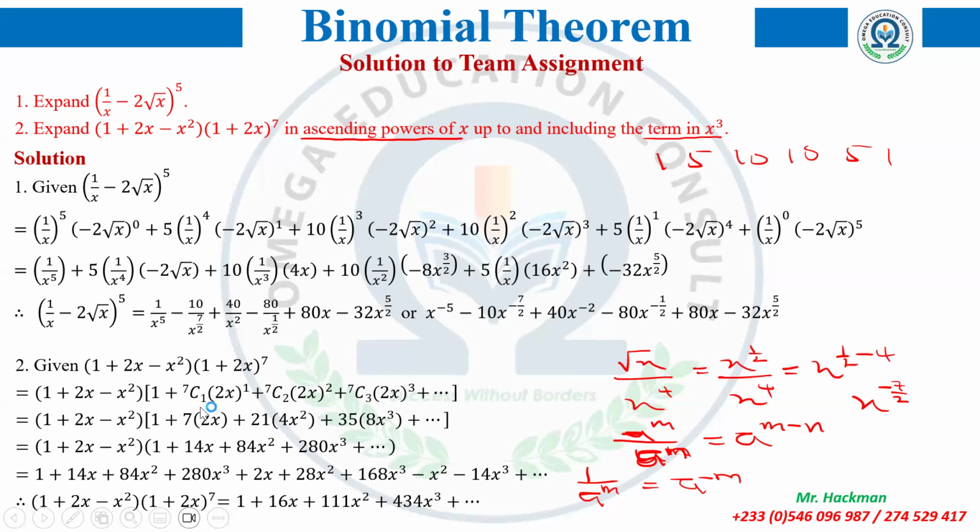So it means I'm going to use my combination to easily get the coefficient. And if you are quoting the combination formula, you don't quote the (a+b) to the power n.